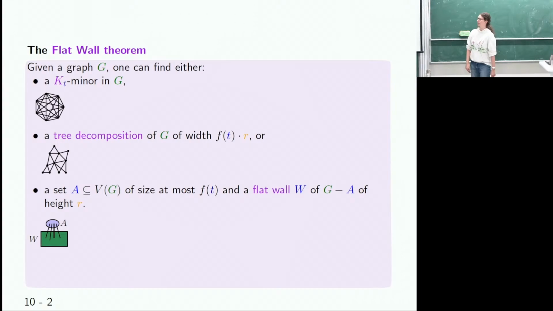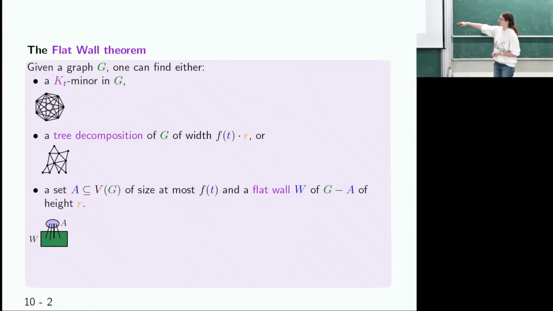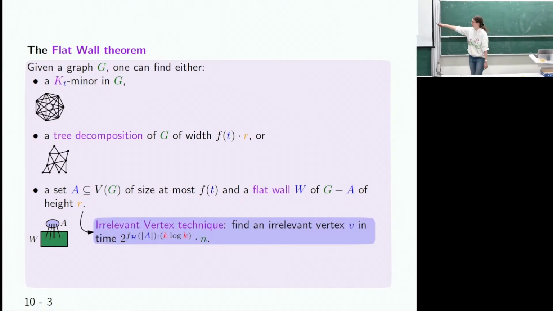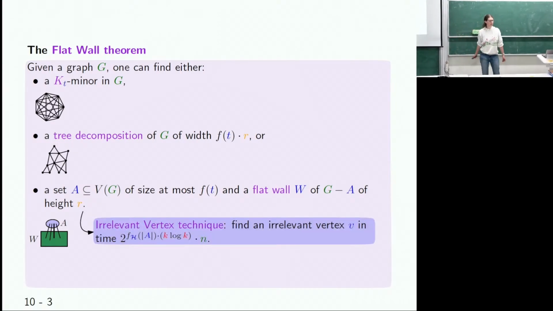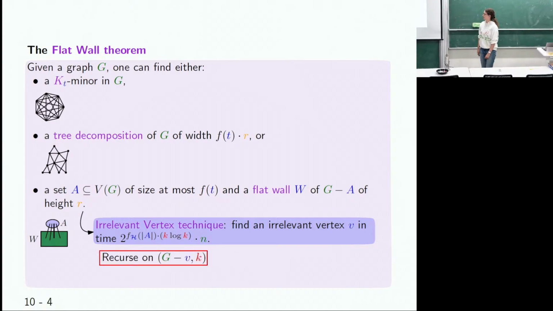Essentially what it says is that given a graph G, either this graph contains a big clique as a minor, or it has bounded treewidth, or there is an apex set A such that if you remove it, you have a flat wall in your graph. In the last case, we can use our irrelevant vertex technique, which is nice. So you find an irrelevant vertex v, and you recurse on G minus v.